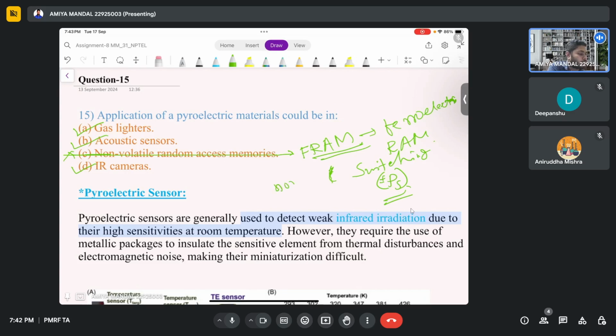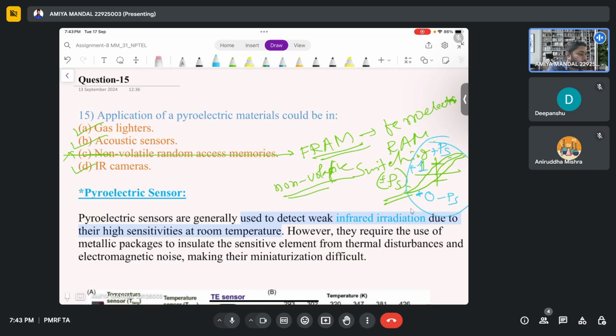Non-volatile means there is a switching of the ferroelectric at PS, which we can signify as a one state or zero state, that is plus PS and minus PS.